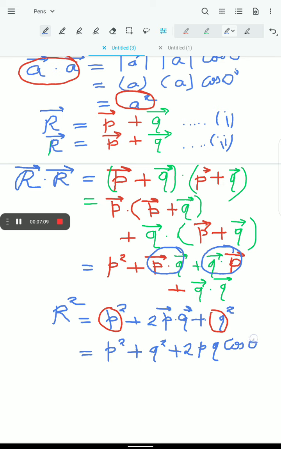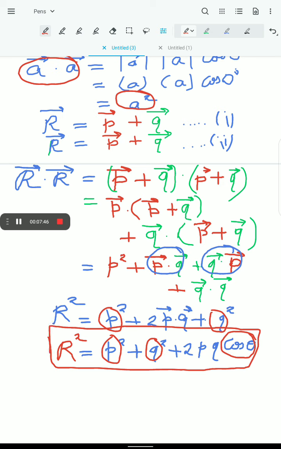Once again, if you know small p, that is magnitude of P, if you know small q, that is magnitude of Q, and if you know the angle between P and Q, then you can compute the resultant.